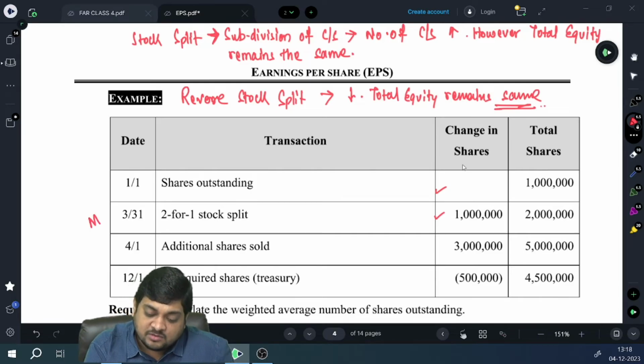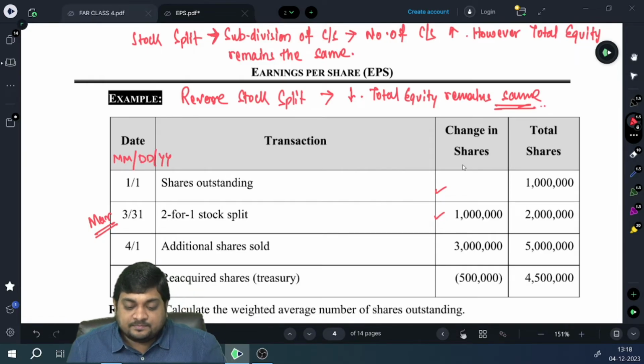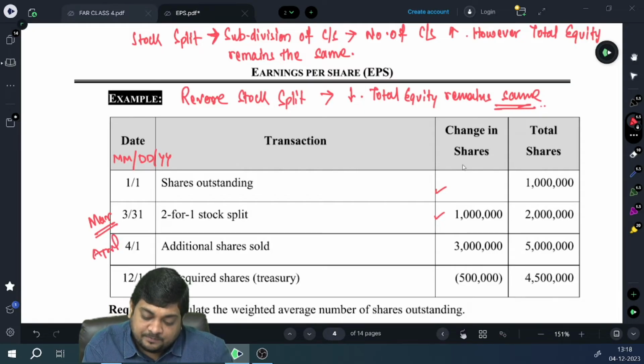Then we have additional shares. This is March. It is in month, day, year format. In India we have day, month, year, but here it is month, day and year. This is April and this is December.